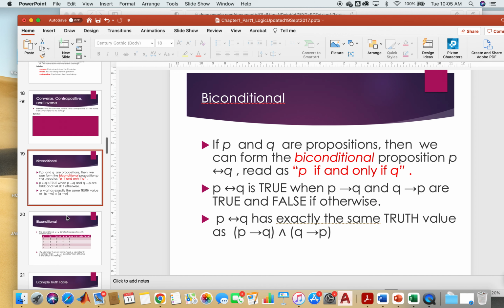If you compare this example with the exclusive or, for the statement soup or salad comes with this entry, automatically we can see that this entry will come only with soup or salad.